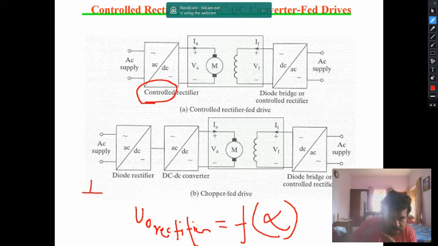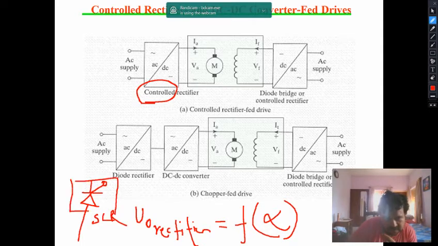That means you have to use phase controlled devices, that is SCRs, in the rectifier, because the question of firing angle is always associated with the presence of SCRs.